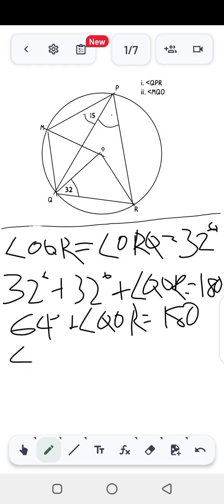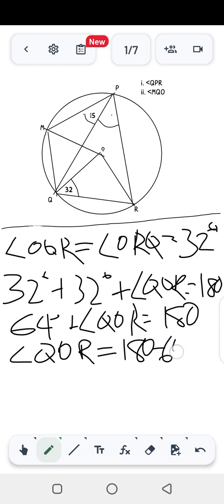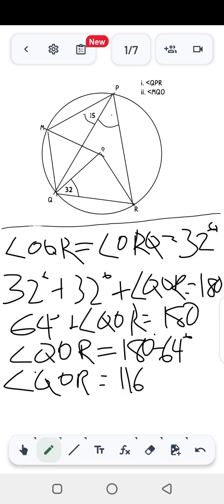This implies that angle QOR is equal to 180 minus 64 degrees. Therefore, angle QOR is equal to 116 degrees.